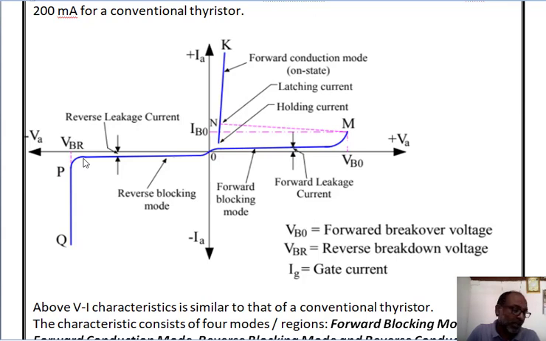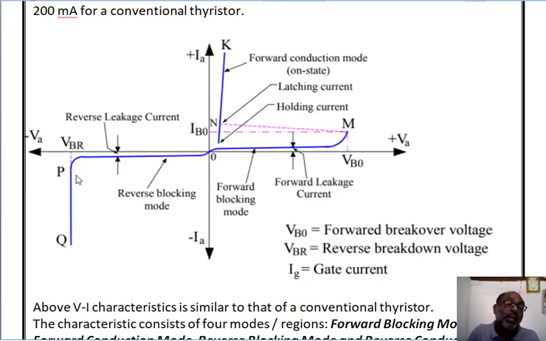But when the value of the reverse voltage is greater than the reverse blocking voltage or breakover voltage, the GTO comes into conduction mode, and this GTO conducts in the reverse direction.